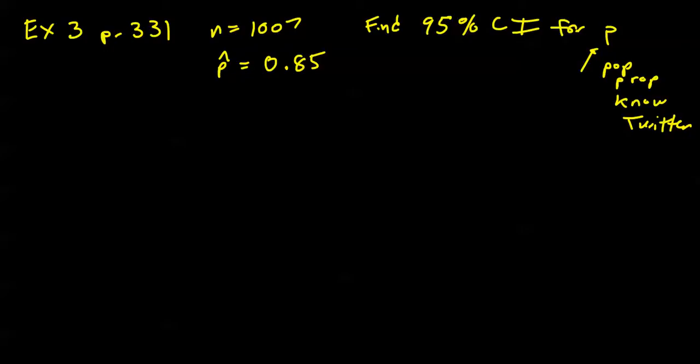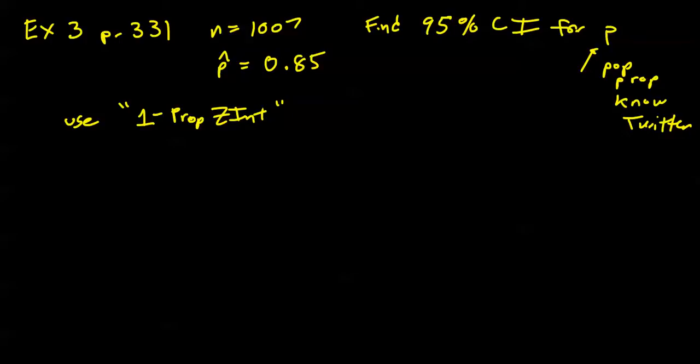What I'm going to do is introduce this new calculator command. We're going to use this command. It's 1-PropZInt. It's under the tests menu, under the stat button menu. So this is the name of the operator that will give us our confidence interval, and it does it pretty easily.